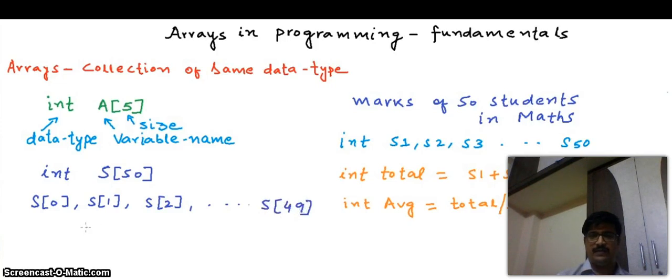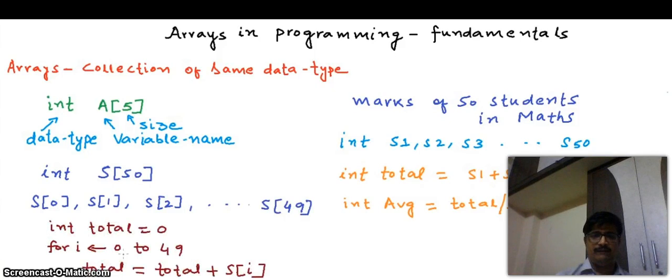And our program will be something like we again have variable total, and this time we run a loop from 0 to 49, and we use this variable i as index and keep on adding S of i to total.